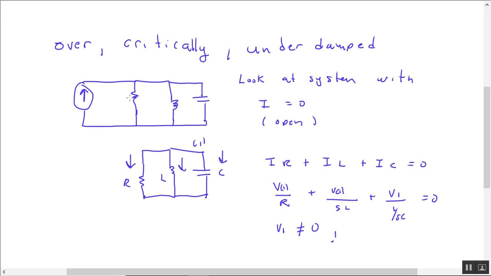If you input the system and it slowly and smoothly approaches some final value, you'd call that overdamped. And if kind of the same thing happens, that's critically damped.